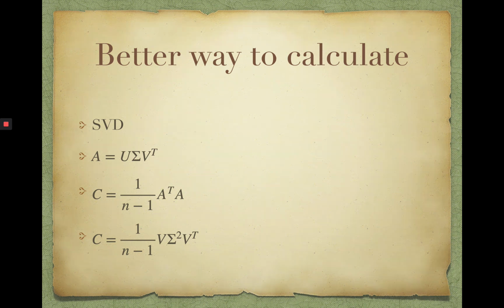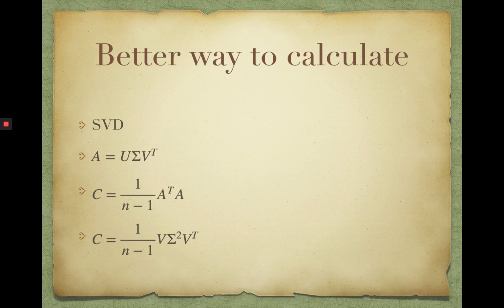So I can work on the original A. The original A matrix has a singular value decomposition, which is a matrix U times a matrix sigma times a matrix V transpose, where U and V have similar properties and behaviors to what X is. A little bit nicer, actually. They're fully unitary, so really good stuff. And sigma is a diagonal one, similar to lambda.